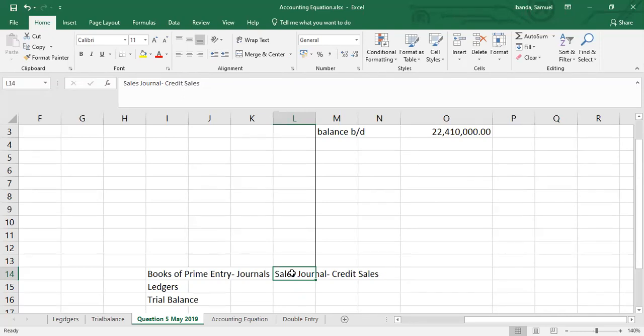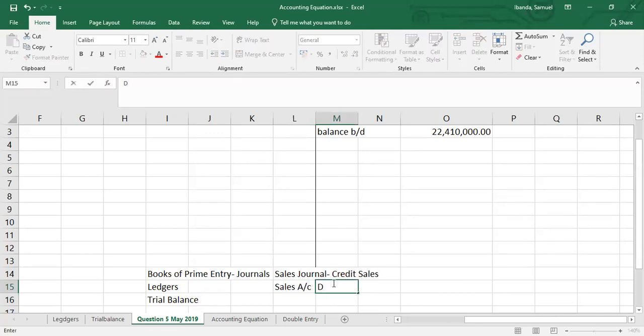So what happens when we are moving transactions to the ledgers? If it's a sales journal, we shall have two accounts: the sales account itself, and then the debtors account or accounts receivable.